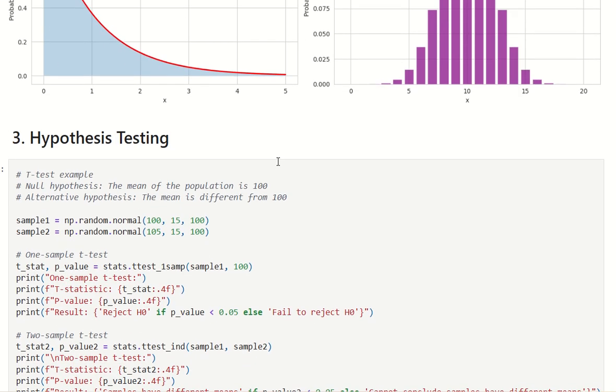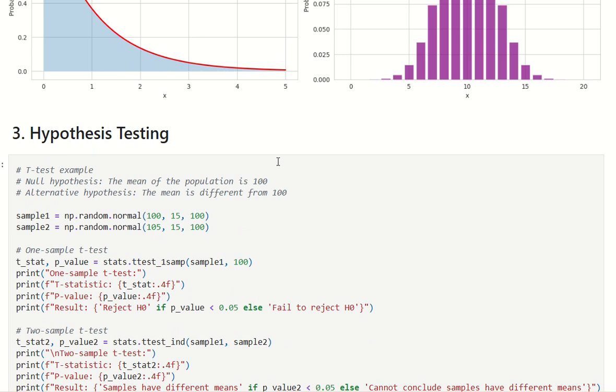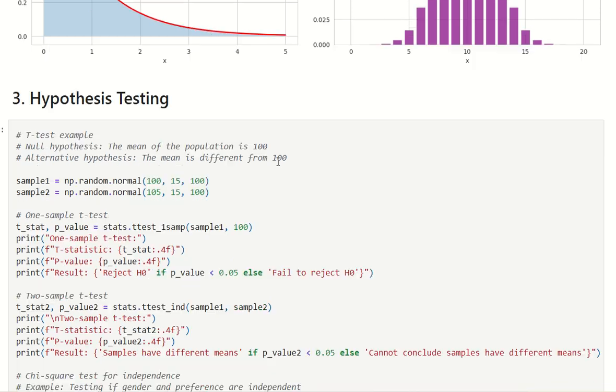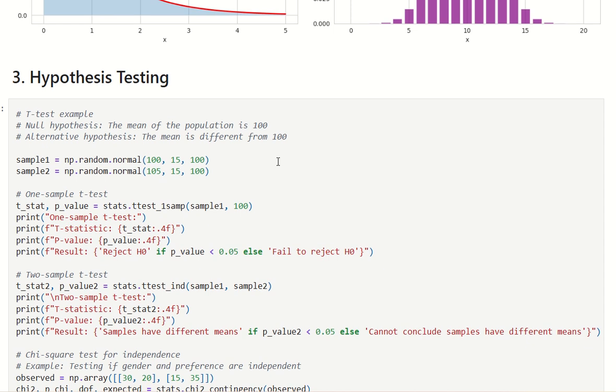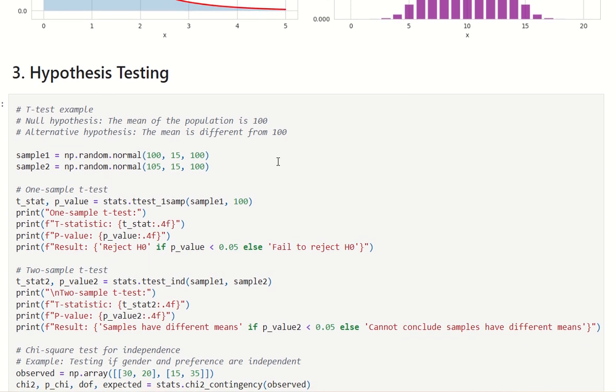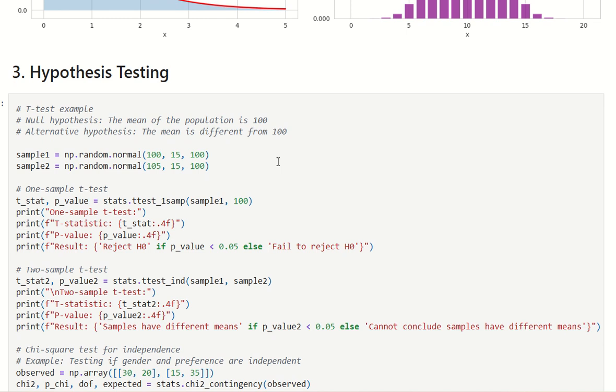Hypothesis testing helps answer specific questions. For example, if I am testing whether a sample mean differs from a hypothesized value, I use a one sample t test. To compare two groups, I use a two sample t test or Welch's t test if variances differ.